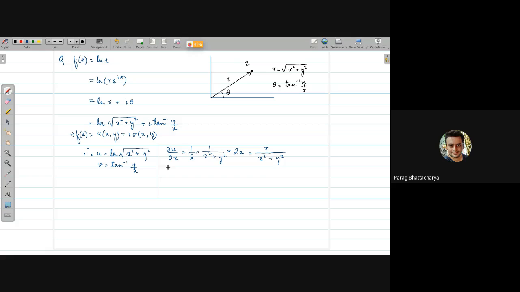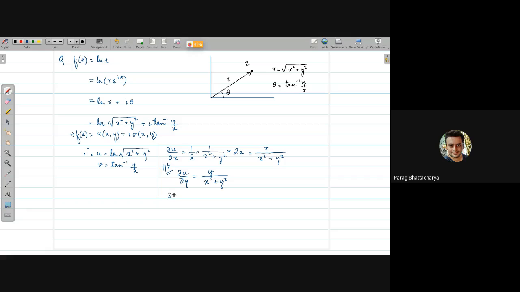In a similar way, because this is symmetric with respect to x and y, dou u by dou y is equal to y divided by x squared plus y squared.